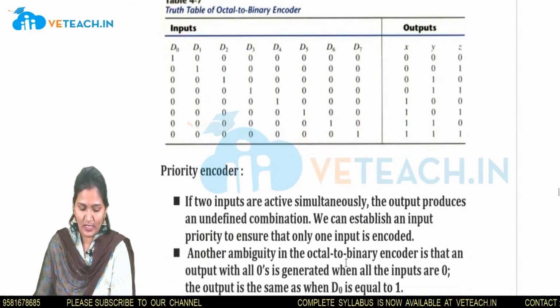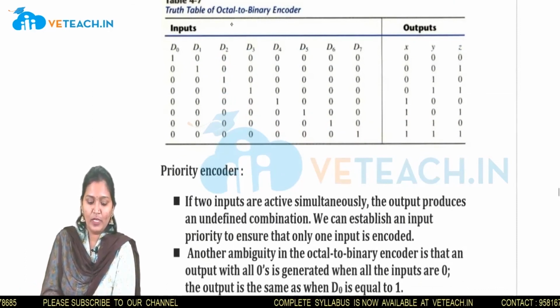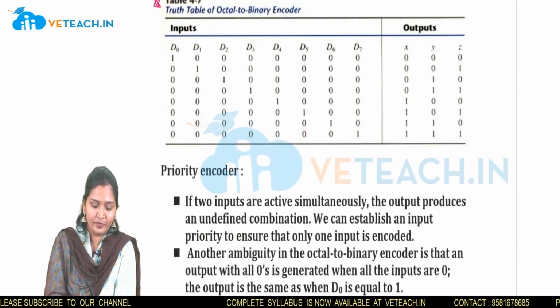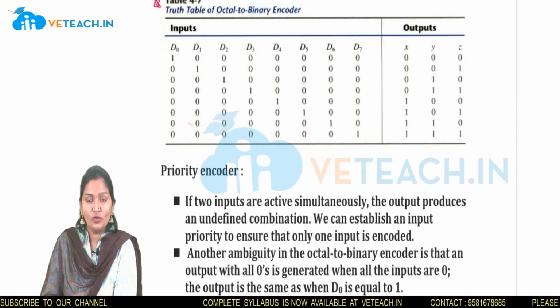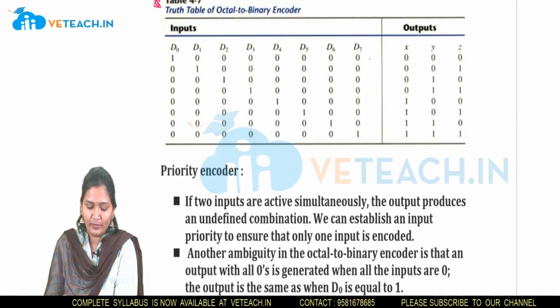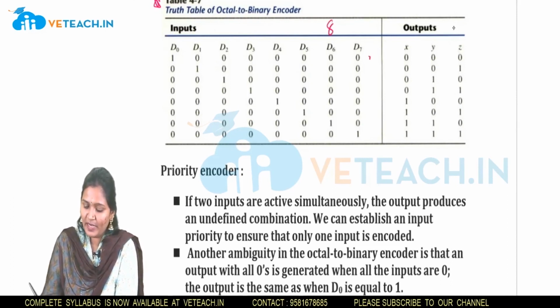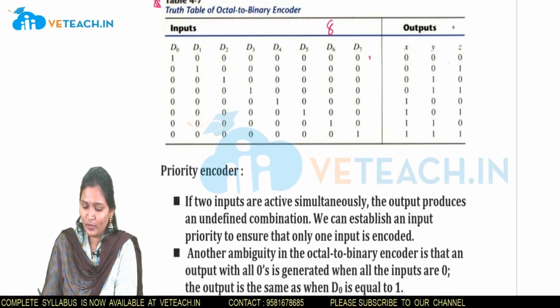Okay, now see here, they have given one example, the octal to binary encoder. Okay, this is important. First, octal to binary, this is an octal number. Octal means 8 inputs and it is converted into binary, so it means 8:3.